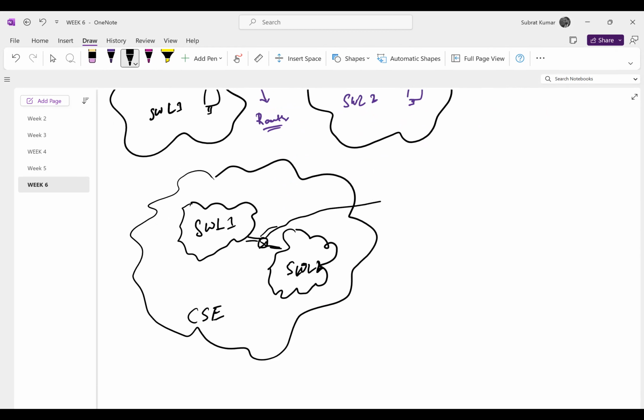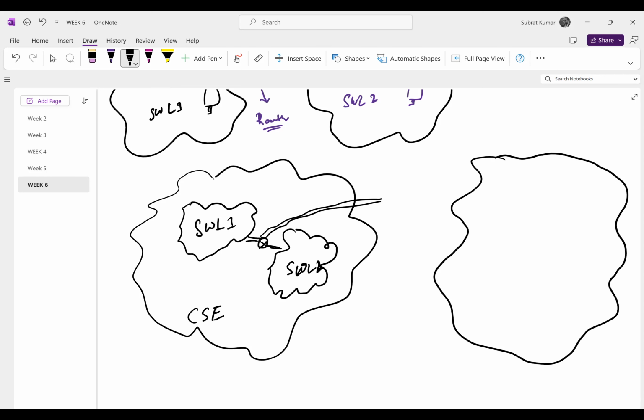This router is going out, and here, let's say you have the triple E branch network, where there is triple E lab 1, lab 2, and a router here, and they are connected with each other using a router again.